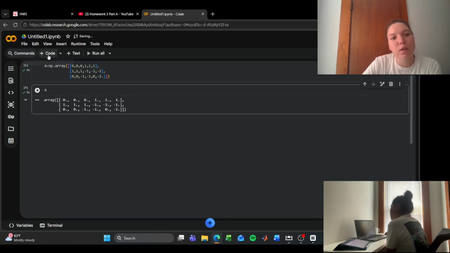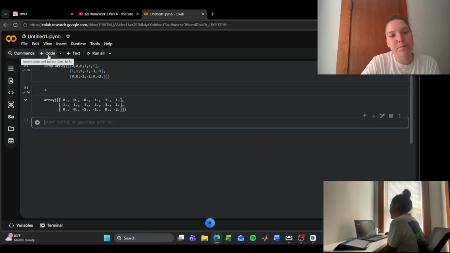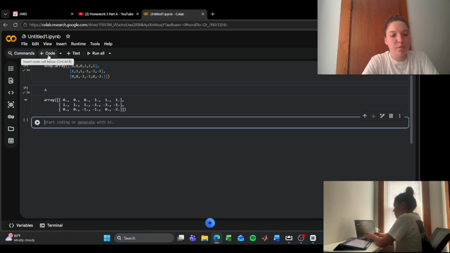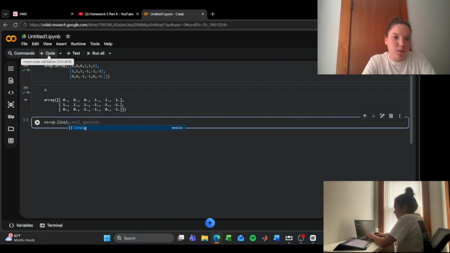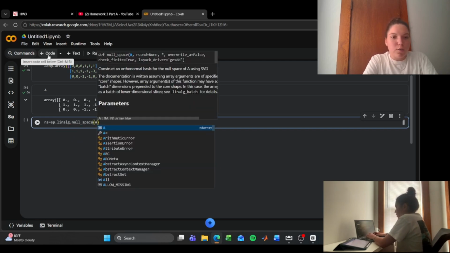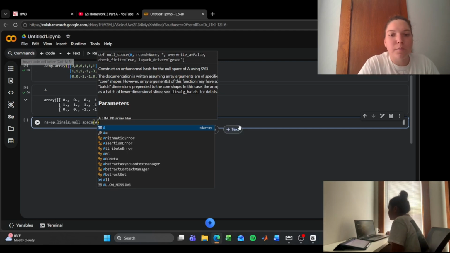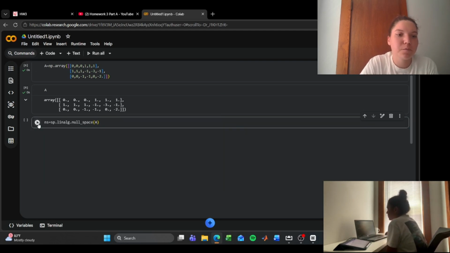And now we want to calculate the null space for it. So let's say null space. This is going to be SP. We're going to be using linear algebra, so that's linear algebra, null space, and we're trying to find the null space of our matrix that we made.